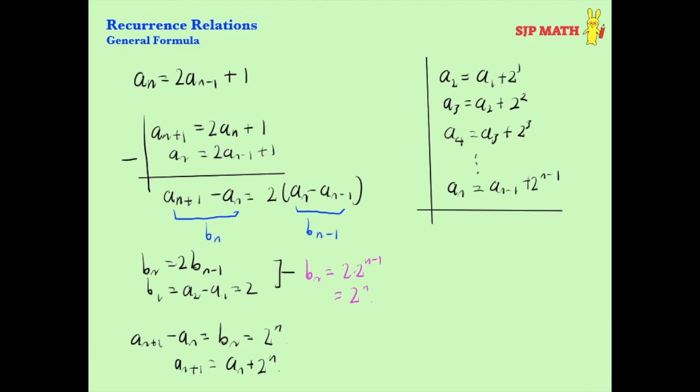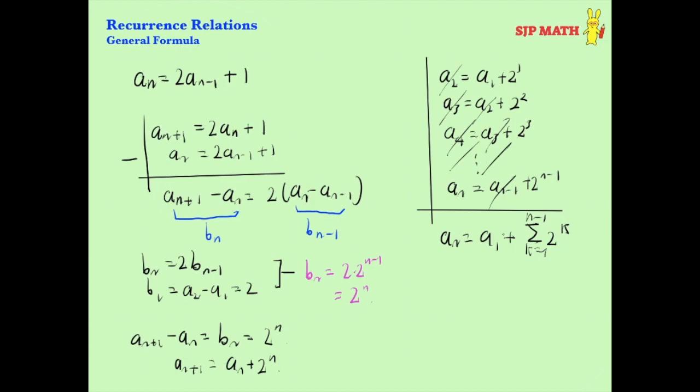again, like the previous two problems, these are all going to cancel out. And we're just going to be left with an is equal to a1 plus the summation of 2 to the k from k equals 1 to n minus 1.